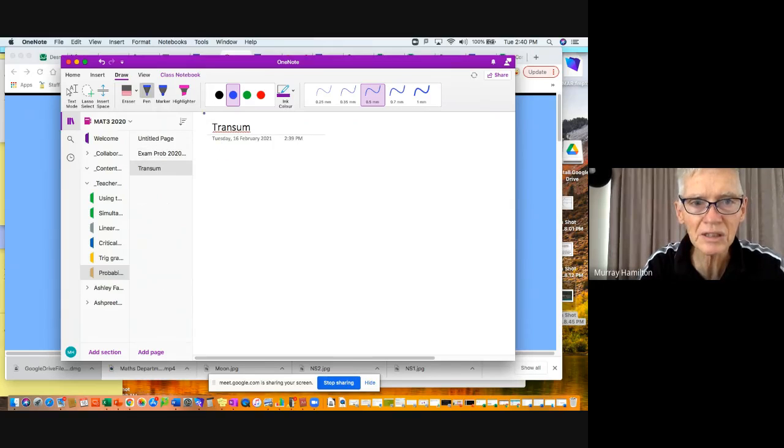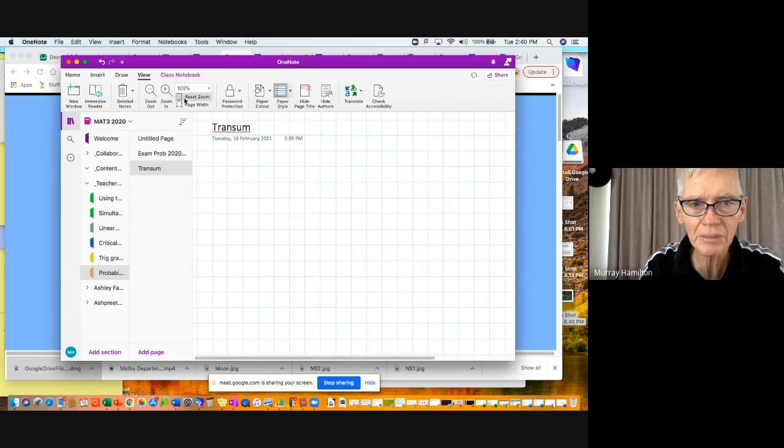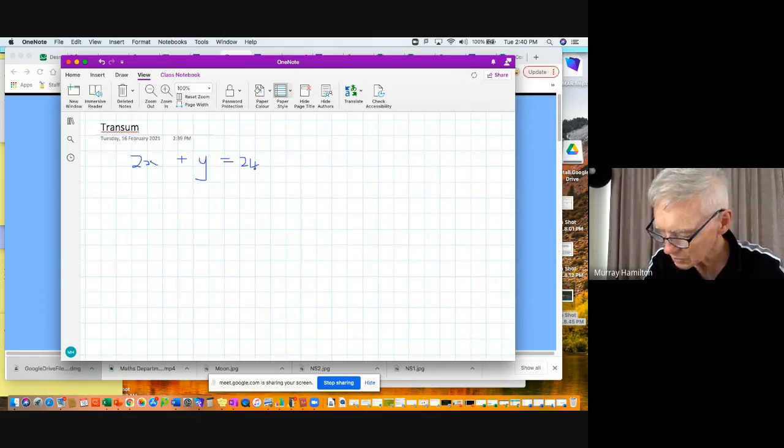In fact, I will get a background paper to keep me straight. Right, so we've got 2x, whoops, what's happening? 2x plus y equals 24. So this is the first one on Transum. And we're going to solve it with 2x plus y equals 17.